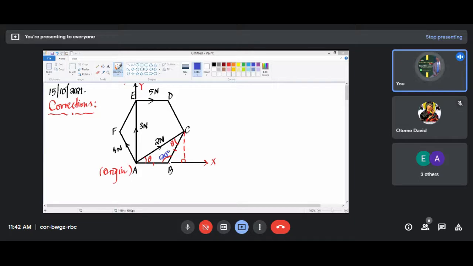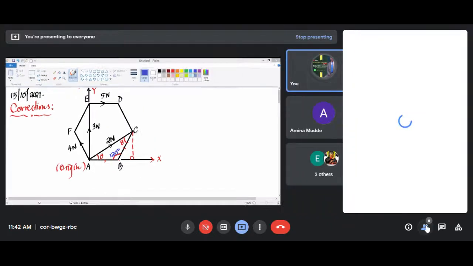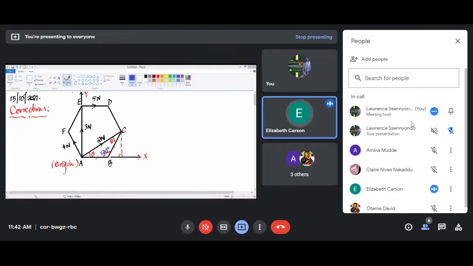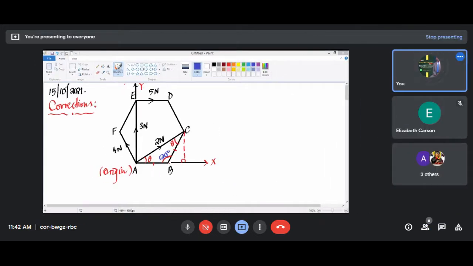Amina, do you agree with that solution? Yes, teacher. Elizabeth and the others, do we agree with that solution? Yes, teacher. Okay. The angle there is 120.